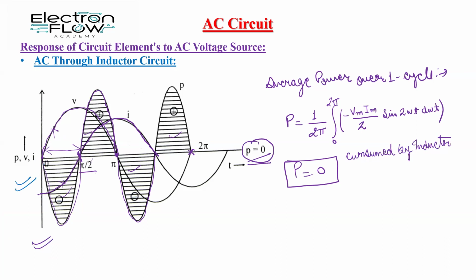It may be seen from the power curve that instantaneous power is positive when the polarities of V and I are the same, and negative when the polarities of V and I are opposite. You can see here both are negative and both are positive.